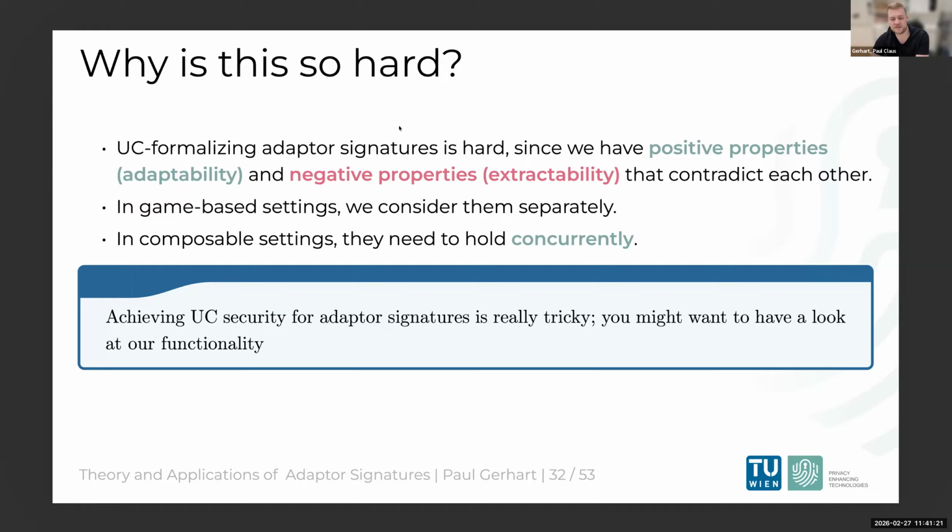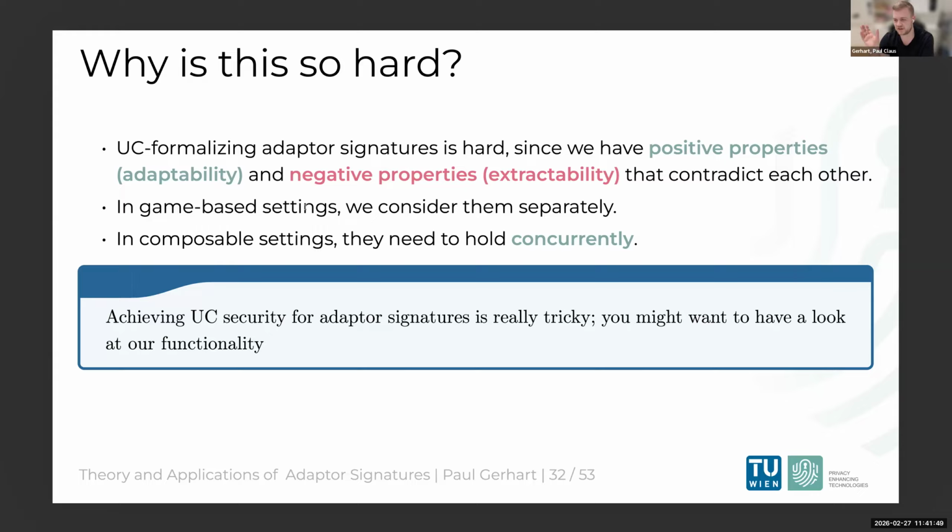And the problem is that you have both positive properties, which is adaptability, and negative properties, which is extractability. And these both contradict each other. What do I mean by contradict each other? Well, adaptability guarantees that some signature will be valid, and extractability prohibits signatures from being valid. The problem is, in game-based settings, we consider them separately.